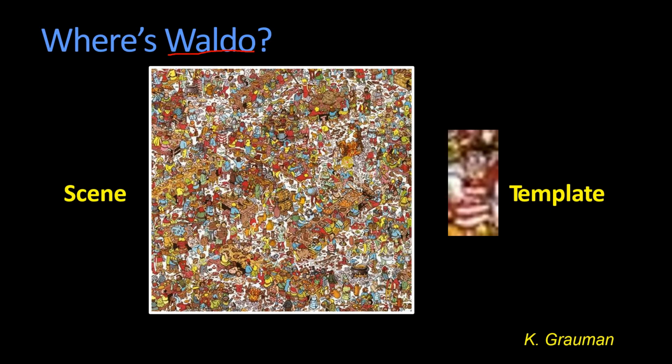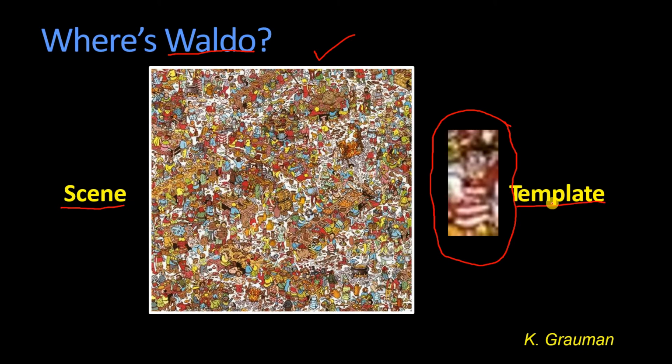So the example says that you are given a big picture with maybe hundreds of characters in the image, and out of those characters, one character is our desired character. So that is our template. Now what we want to do is find this template inside the main image, which is called the scene. So the scene is the main image, the template is our target.